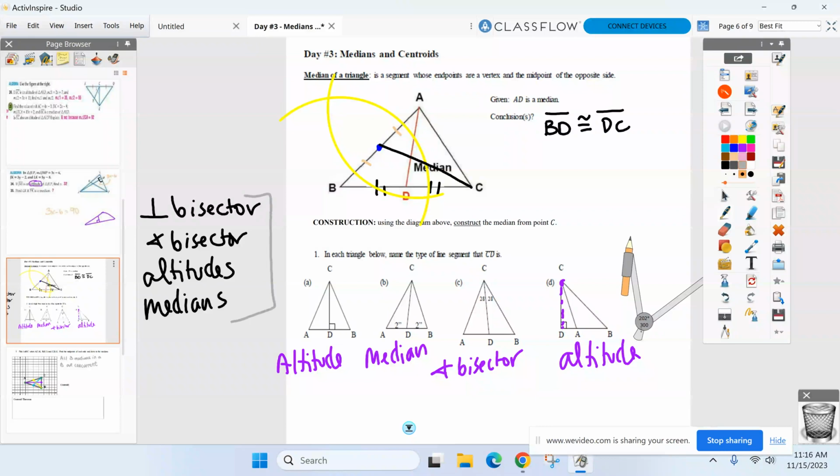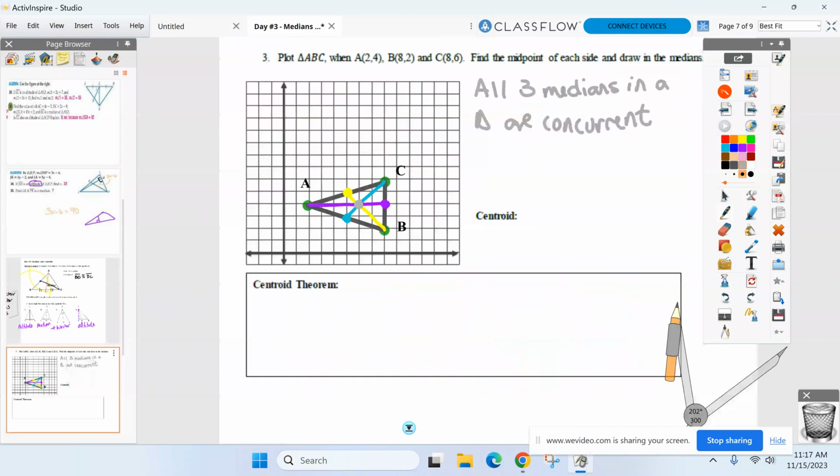Perpendicular bisector, what's that point called? Circumcenter. Angle bisector, incenter. Altitudes, orthocenter. Medians, introducing, let it roll off your tongue, centroid. That is the point of concurrency for the medians in a triangle.